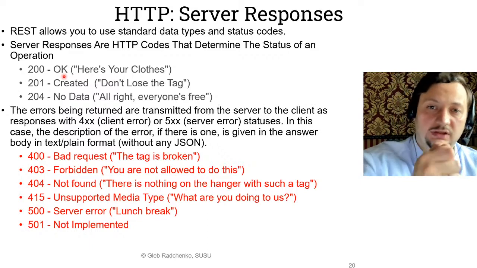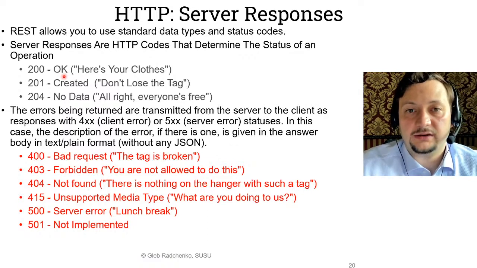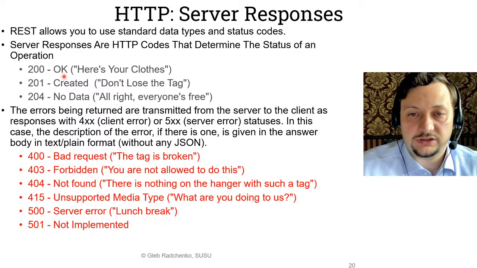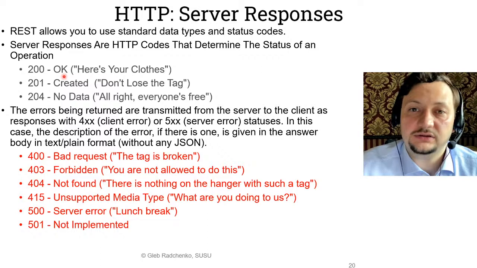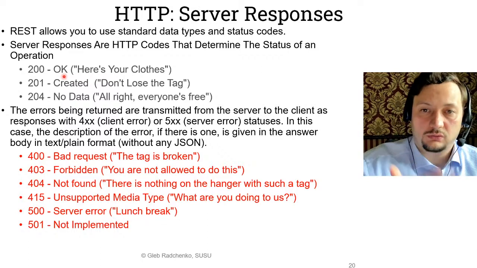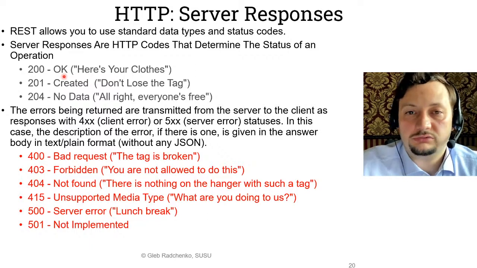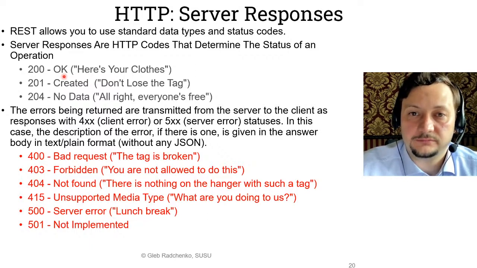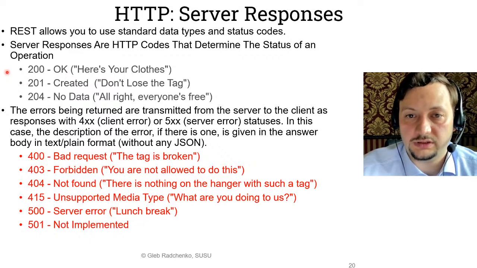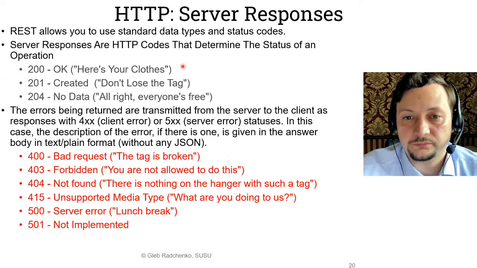So if we give them the tag and the tag is okay, it is valid, then the wardrobe employee would go and return us the clothes. So here it would be 200 OK.